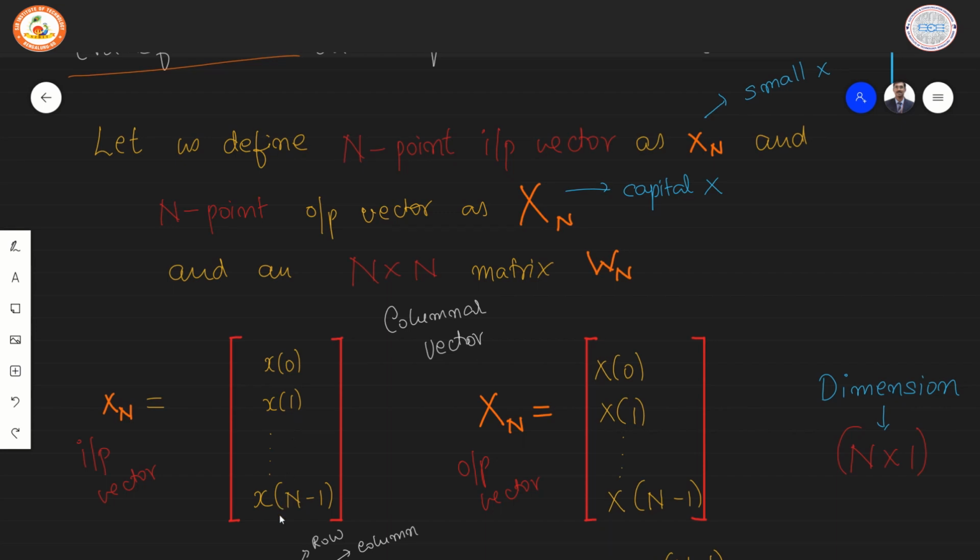The last term will be x of N minus 1. Similarly, the output term capital X of n will be capital X of 0, X of 1, and so on till capital X of N minus 1. Therefore, the dimensions of this matrix comprise N rows and a single column, so it can be called a column vector.